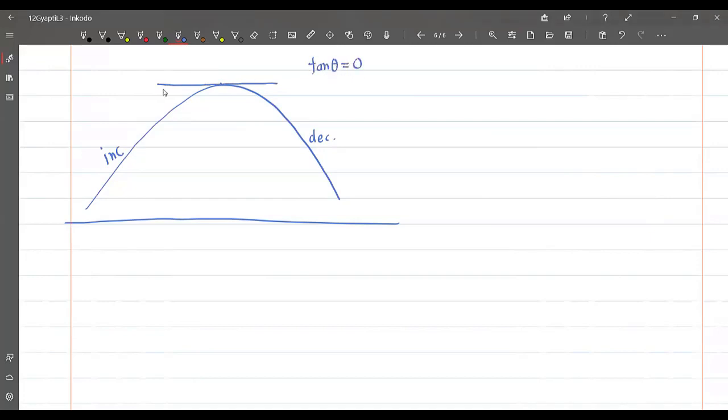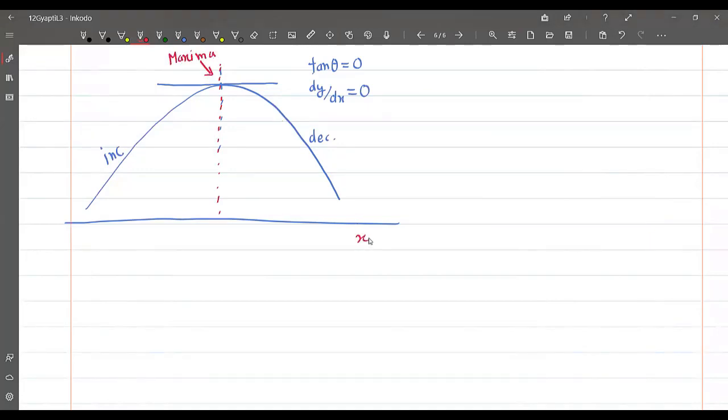Tan theta is 0, that means dy by dx is 0. If it's a hill, this point will be called a maximum.